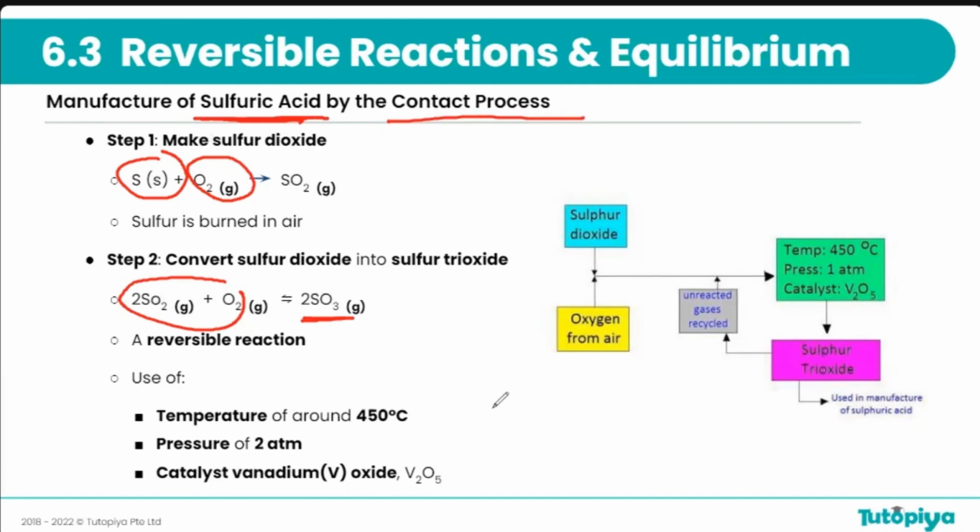And for this reversible reaction, we have a set of conditions. Just like the Haber process, the temperature condition is around 450 Celsius, but the pressure is just 2 atmospheric, and the catalyst used for this process is vanadium oxide, V2O5.